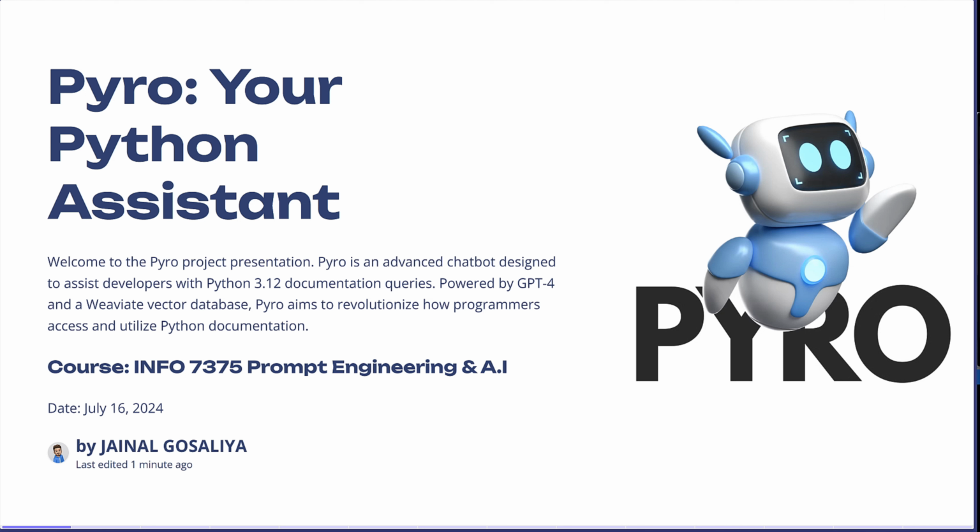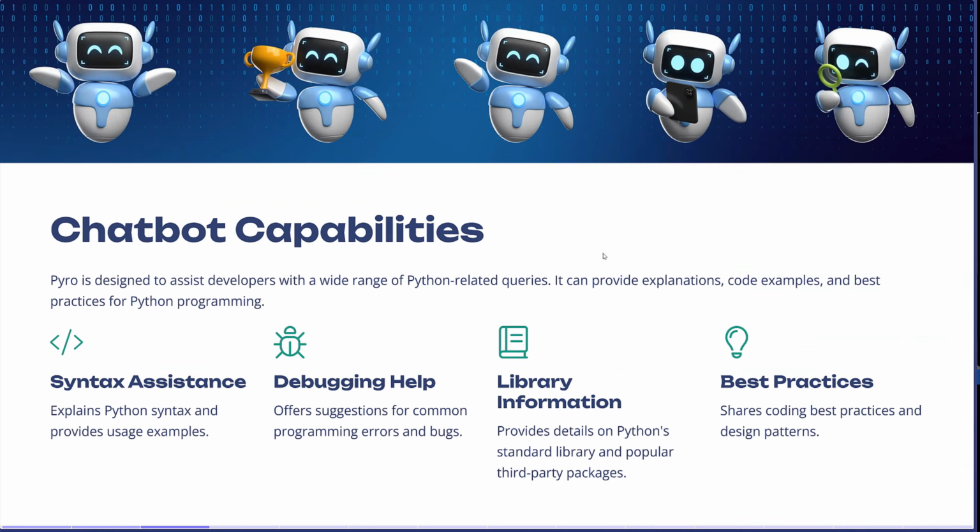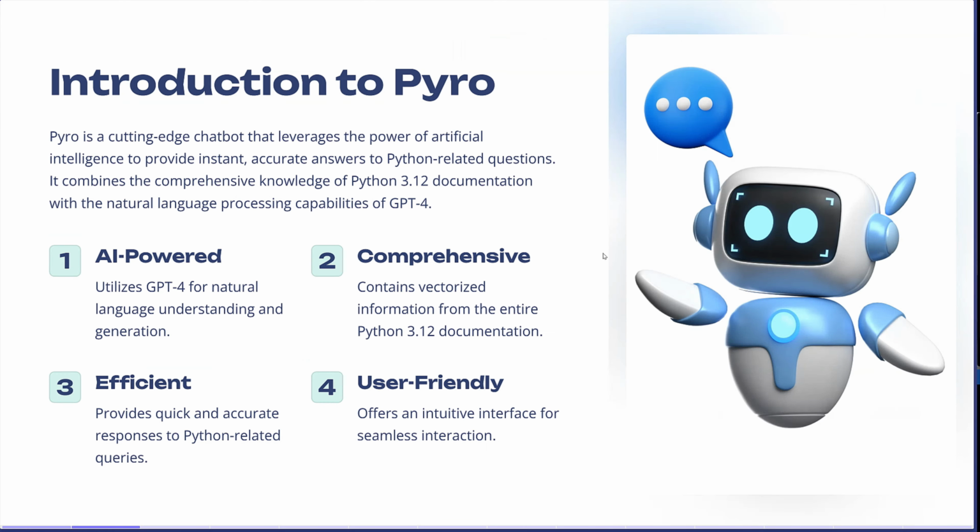So if we go further, introduction to Pyro-bot. It's AI powered. It utilizes GPT-4 under the hood, and it's comprehensive: the entire Python 3.12 documentation was vectorized and passed through a RAG pipeline. It's efficient and fast because it uses a deployment on Azure OpenAI that's dedicated to us, and it's not subject to outside traffic.